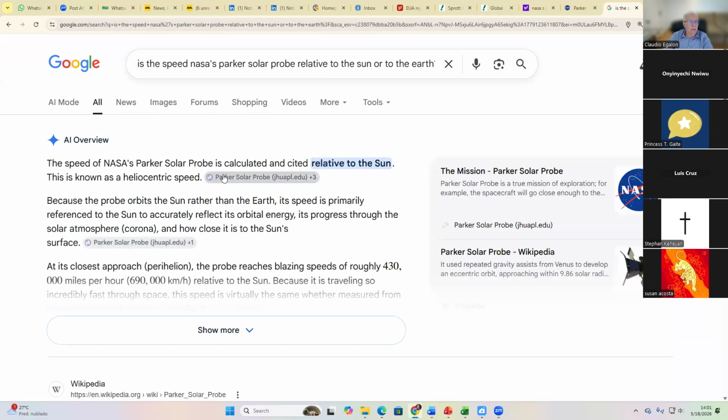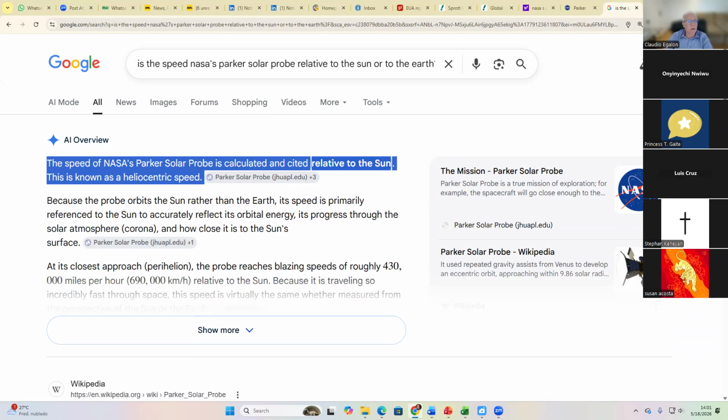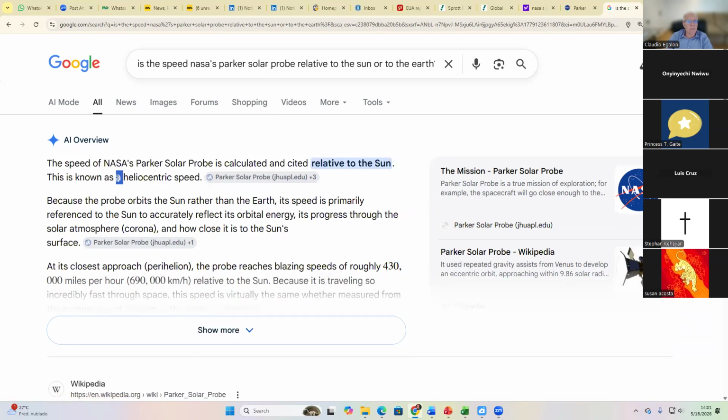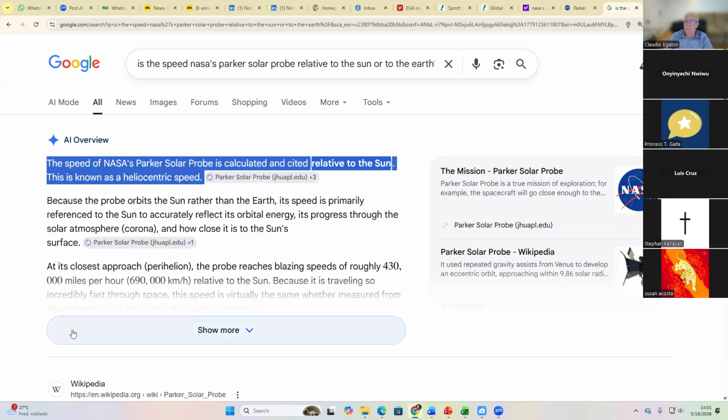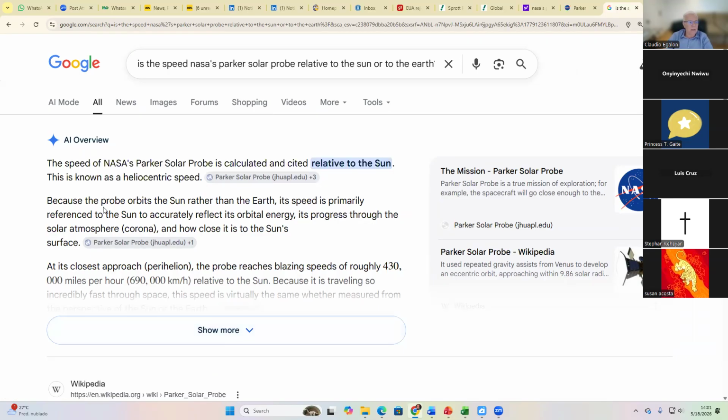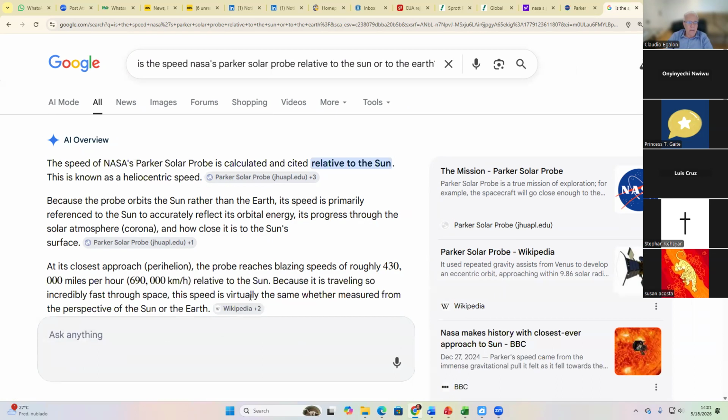The speed of NASA's Parker Solar Probe is calculated and set relative to the sun. Okay, makes sense, right? That's the heliocentric speed. So it's orbiting the sun, and that's 190 kilometers per second.